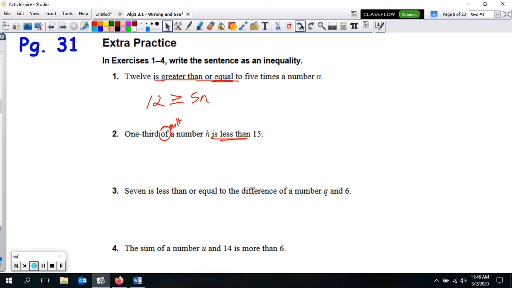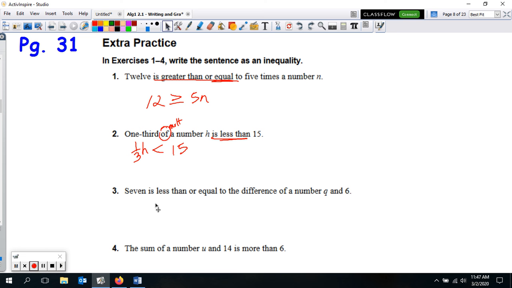So you might want to just highlight there and show that's multiply right there. 1/3 of a number h, so you can think of that as 1/3 times the number h. So that's just going to be a 1/3 h, like that. Then you have your inequality is less. So that's your L-shaped, okay, going the other way. So the arrow of this is pointing to this one, and then you just have your 15 on the other side, and there it is. All right, try number 3. Go ahead and pause the video and see if you can write this one correctly.